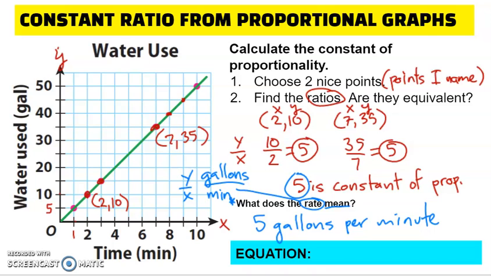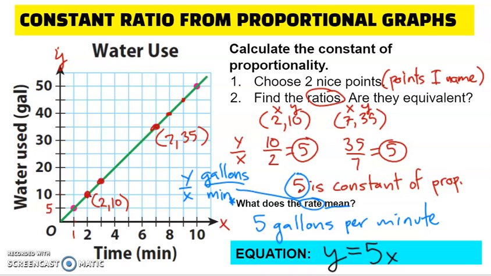I'm not just saying it says gallons per minute. I'm saying specifically this one shows me 5 gallons are used per minute. So being very specific, clarifying what it means. The equation is going to be y equals the rate 5 times my x values. What that equation means, I can check.